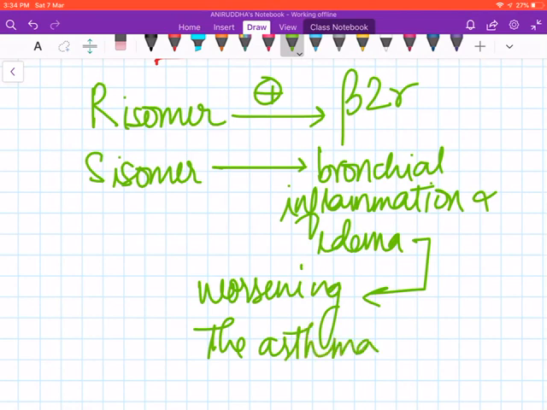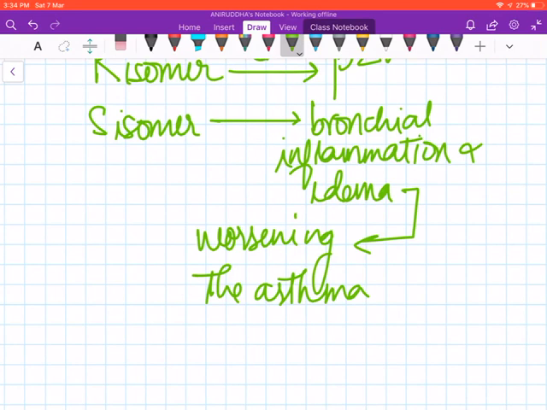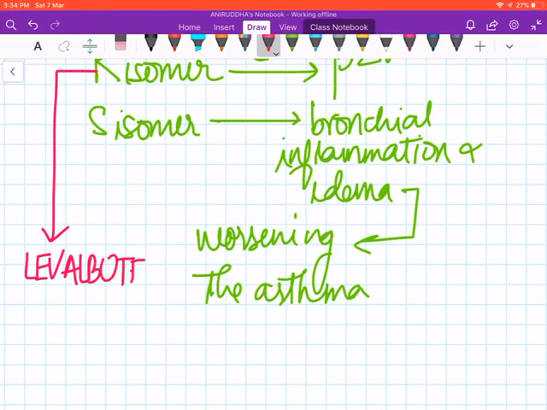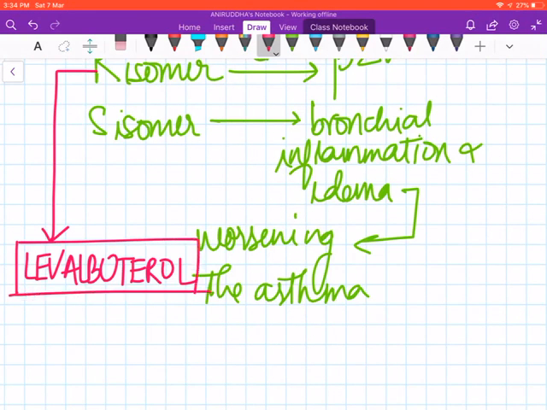And so a purified preparation of the R isomer is available, and that is known as lev-albuterol. Okay, so it's nothing, just the R isomer of albuterol.